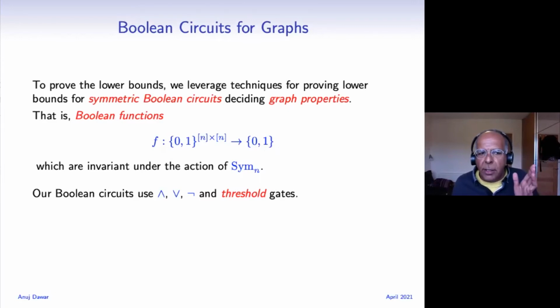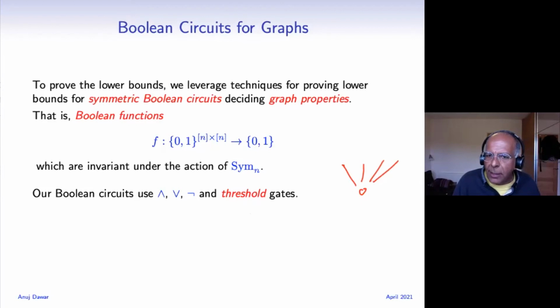Boolean circuits use gates of AND, OR, negation and threshold gates. What do I mean by threshold gates? This is a gate where you take some number of Boolean inputs and the output is 1 if the number of inputs which are 1 is at least some threshold t. In fact, you can think of the OR gate as a threshold gate with t equals 1, and the AND gate as a threshold gate with t equal to the number of inputs.